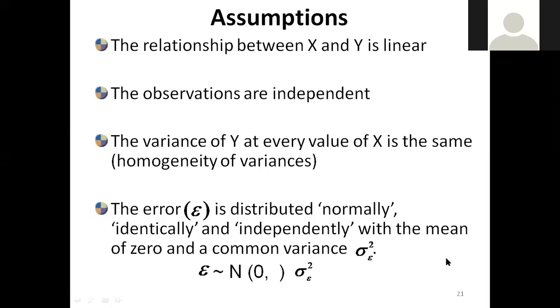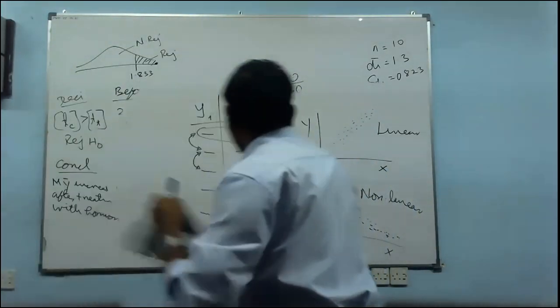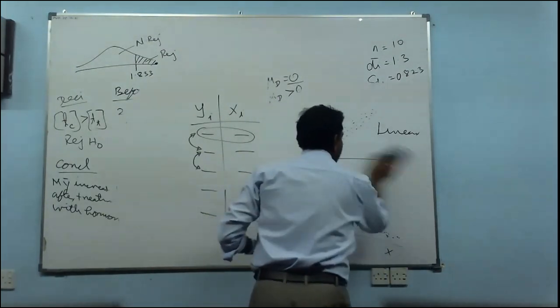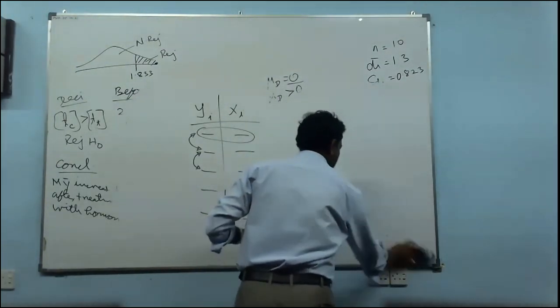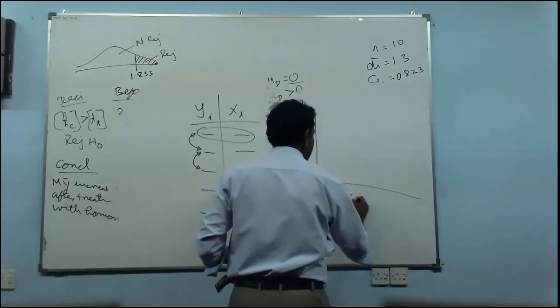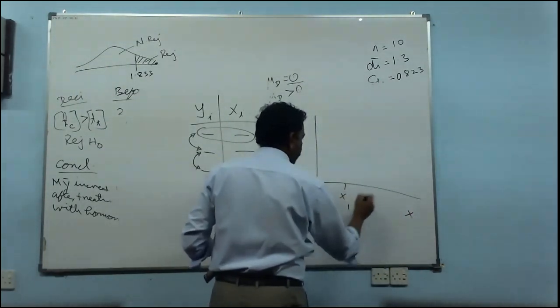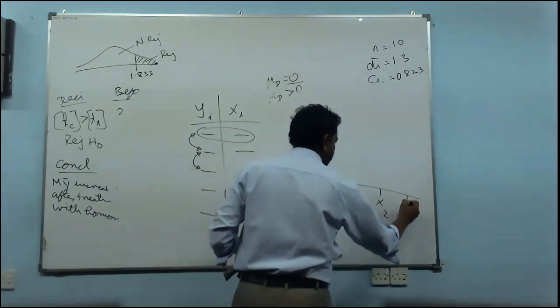The variance of y at every value of x is the same. That is another assumption: the variance of y is the same at every level of x. What do you mean by that? When you talk about the variance of y at different levels of x, let's take x1, x2, x3.